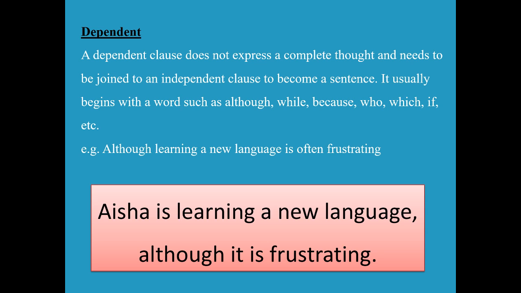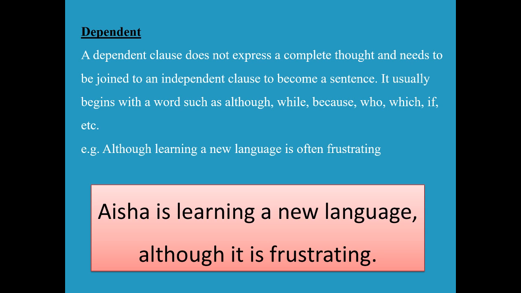A dependent clause will depend on another part of the sentence to convey its full meaning. All right? I hope you have understood this part, dependent and independent clause.